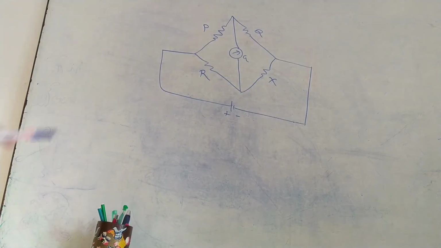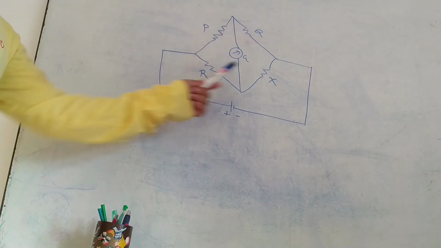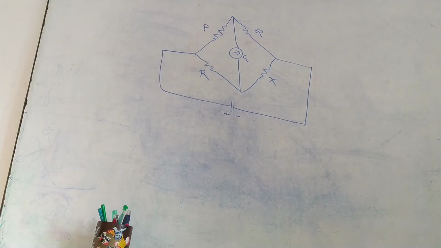You know that when the dimensions of P, Q, R, X are same, then the galvanometer or the Wheatstone bridge is most sensitive.